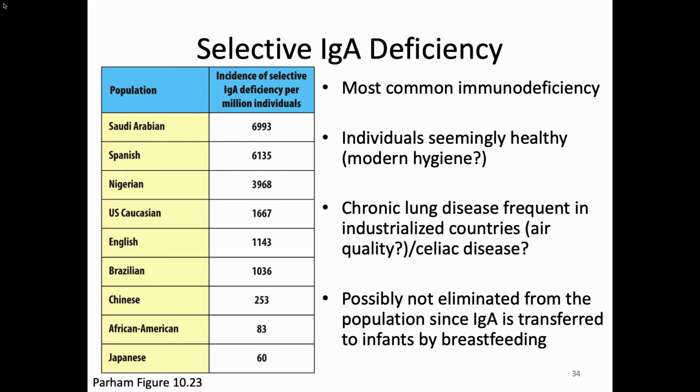And so if you think about any type of immunodeficiency, loss of some part of the immune system that you might see, this one is by far the most common. And you can see there is a big amount of variation between different groups. Details are sort of not super clear on that. It seems as though people who are IgA deficient are healthy. We have seen no defect in these individuals.